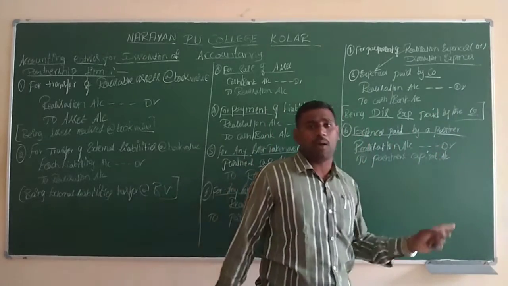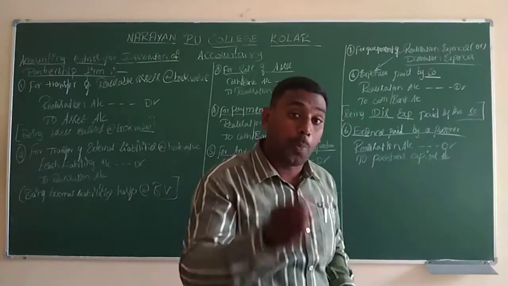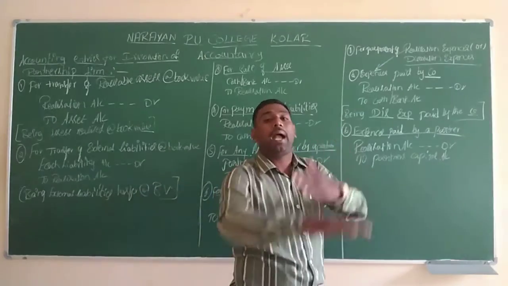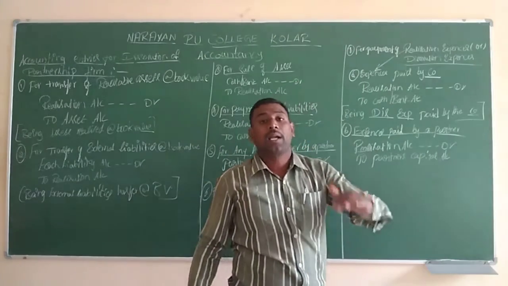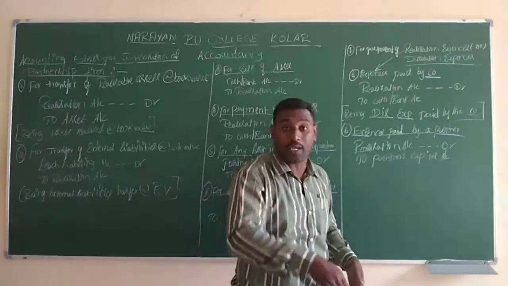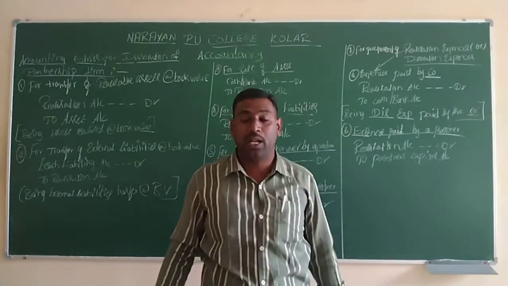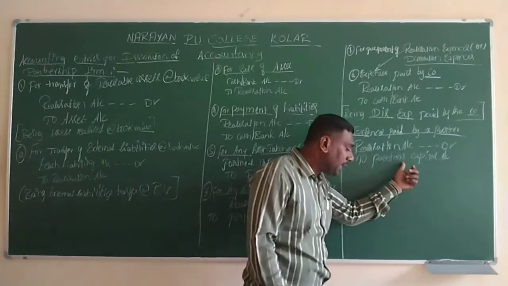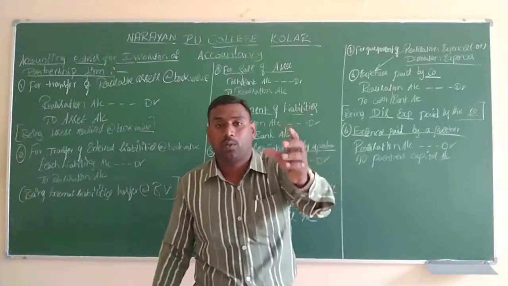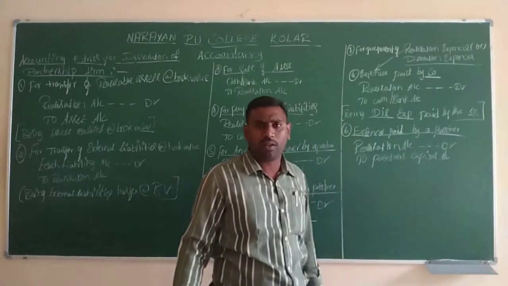Whichever partner pays the amount, we add the value to that partner's account. The capital balance increases because the expenses were paid by the partner from his own pocket, so that entire credit goes to that person. Which partner has paid the realization expenses, we credit the amount to that particular person's account only.